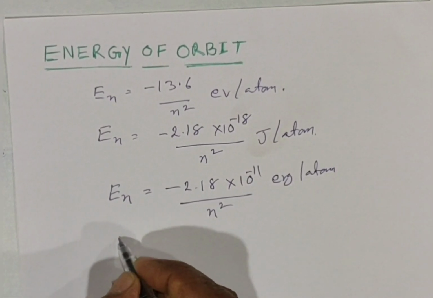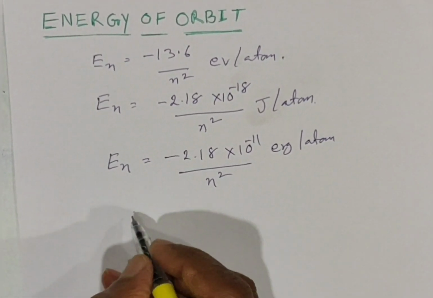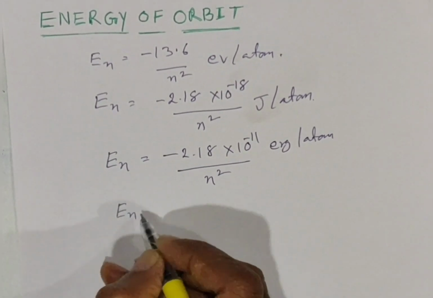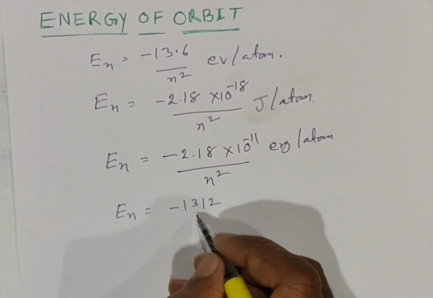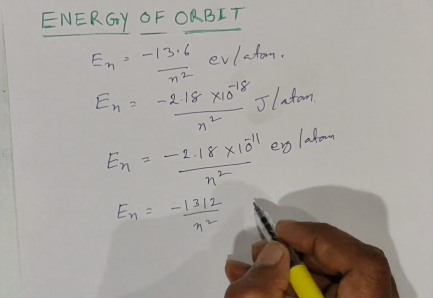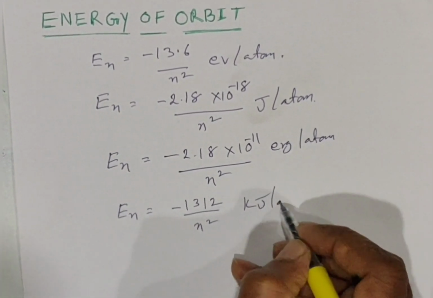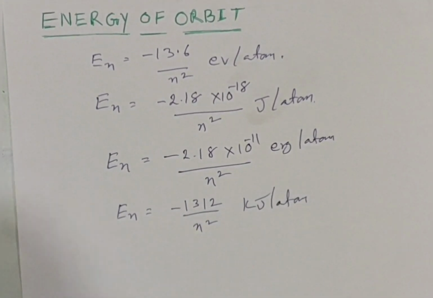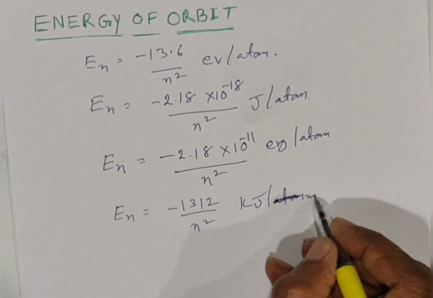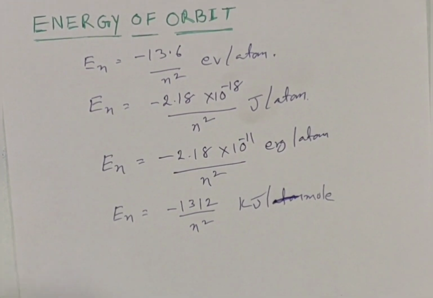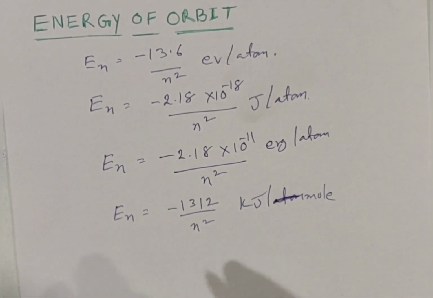Next, another important mathematical expression is En is equal to minus 1312 by n square kilojoules per mole, not atom, mole. Then we use this mathematical expression.